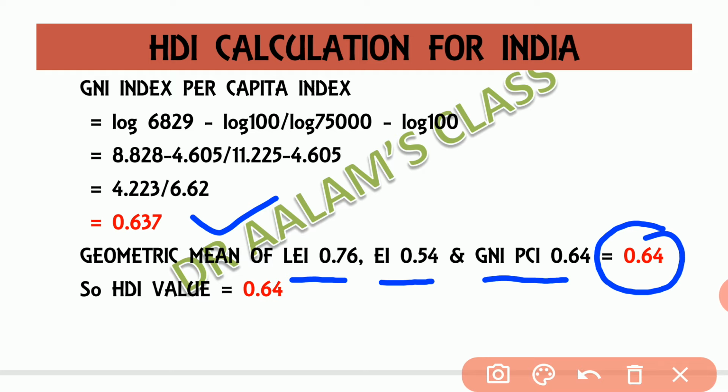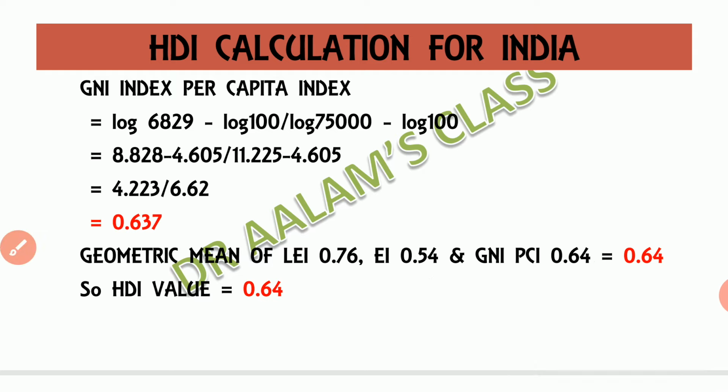Now the question is why we are using geometric mean. Earlier we were using arithmetic mean, but since 2010 the geometric mean was introduced to compute HDI. Why? Because poor performance in any dimension is directly reflected in the geometric mean.